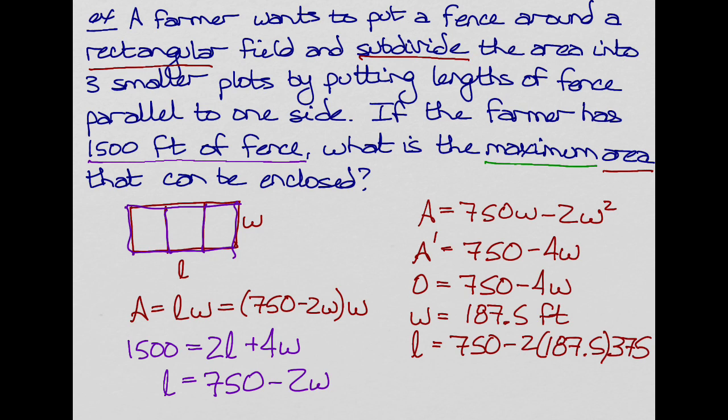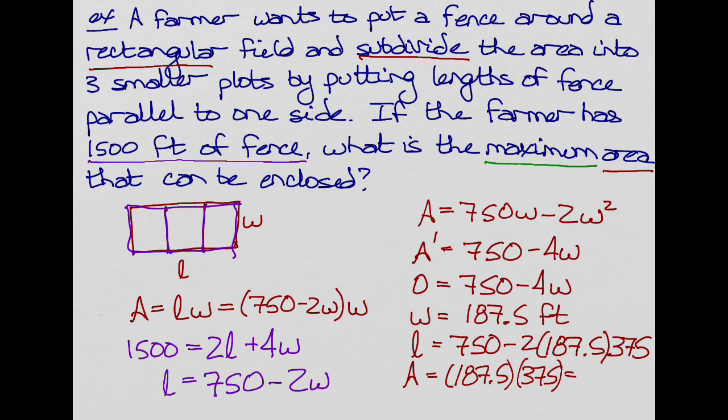Have we answered the question yet? No, we have not. The question was, what's the maximum area? So it's nice that the length is 375. Well, we can use that, I guess. So the area, length times width. Breaking out the calculator for this.